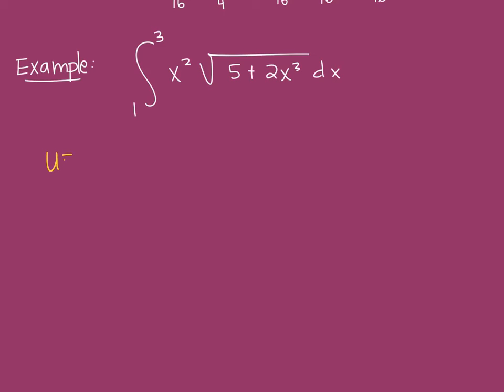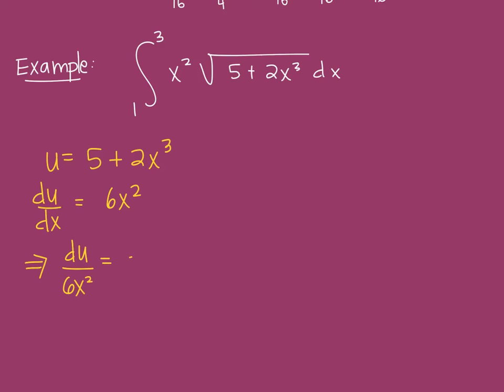Yeah, I think that's good. All right, u is 5 plus 2x to the third, which means the derivative on that would be 6x squared. And then if we rearrange our terms, we have du over 6x squared is equal to dx.